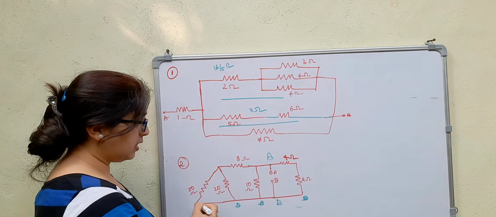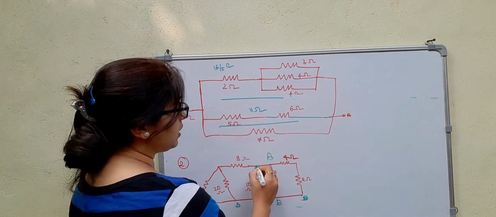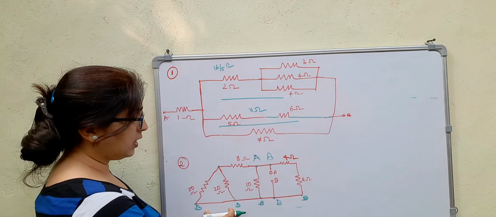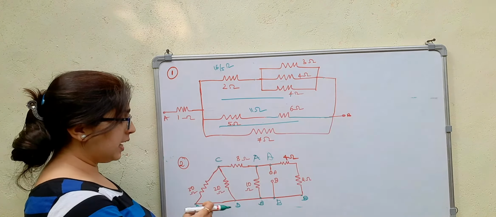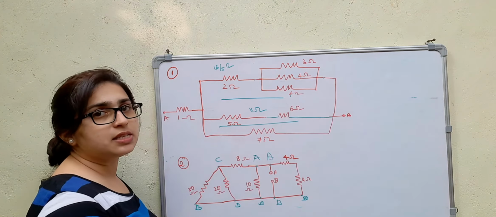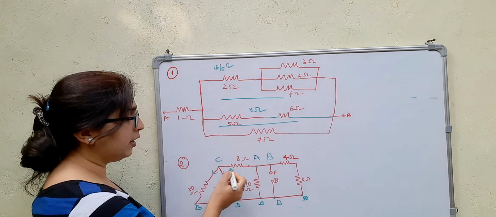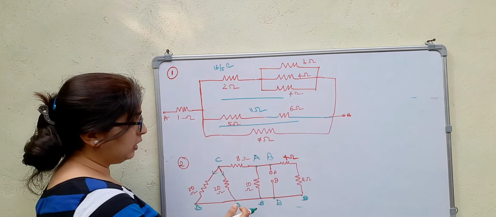So we can consider this as B, and this one also I can call A. Now I will consider this point C. Between B and C, I have two resistors. That means it's a parallel combination, because if there is a current flow from this side, it divides, right? So this is a parallel combination.